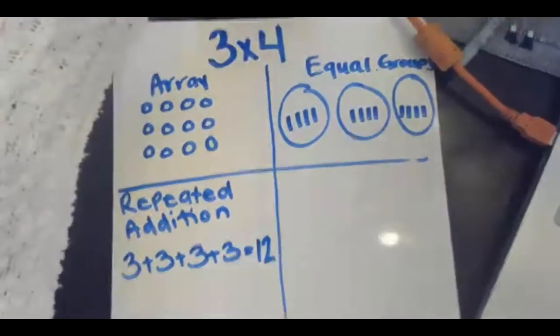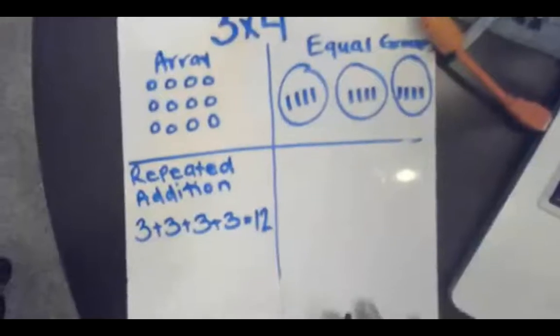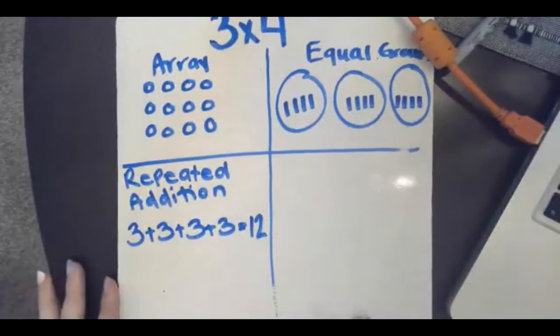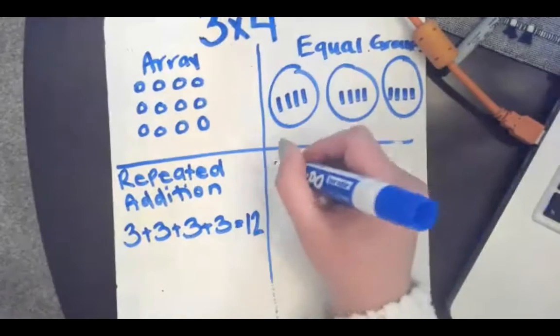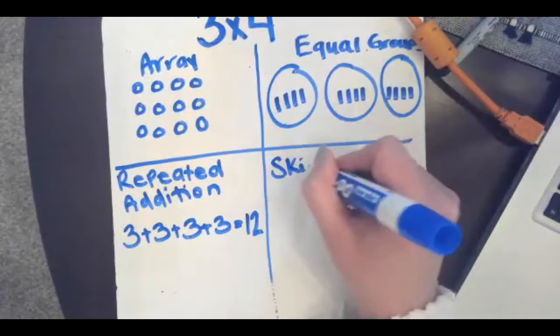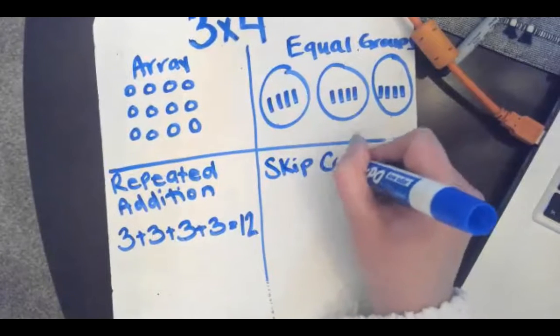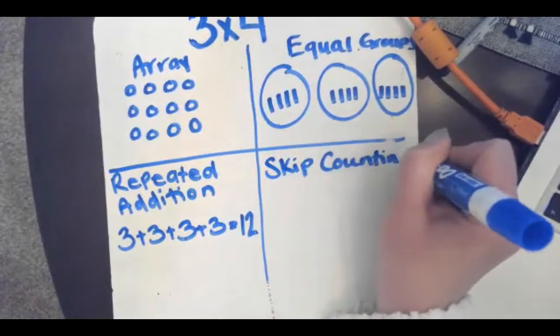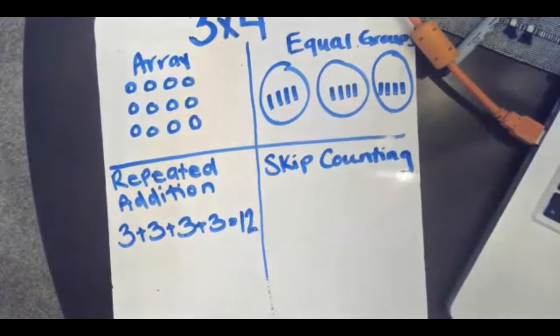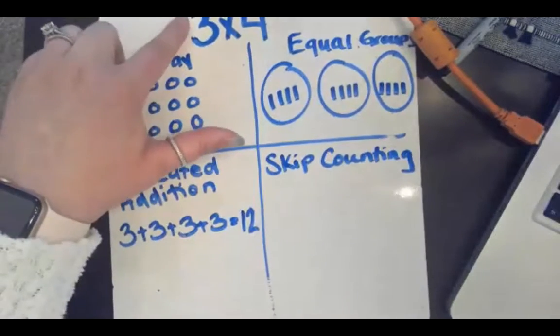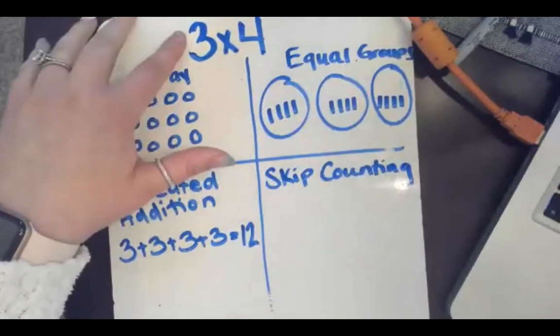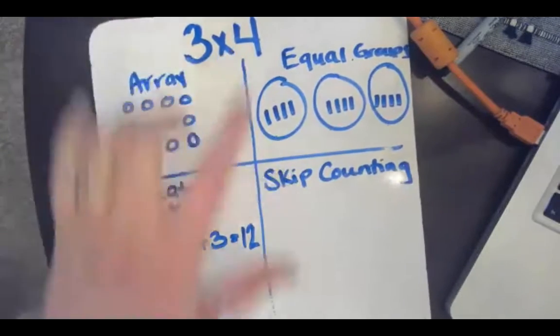The next one the group wanted to talk about was skip counting. With skip counting, we start with 3 and we skip count by 3s 4 times.